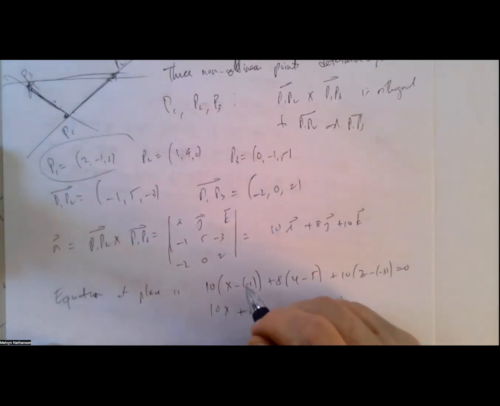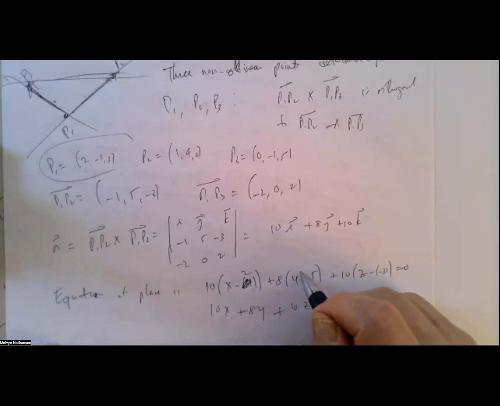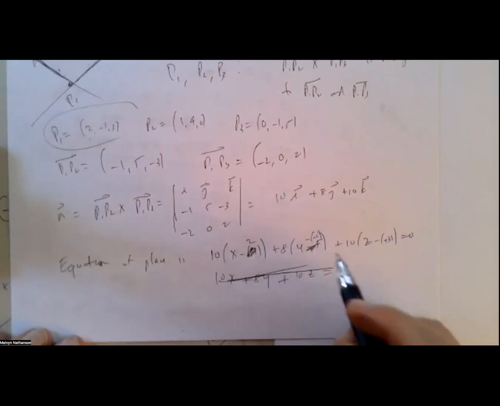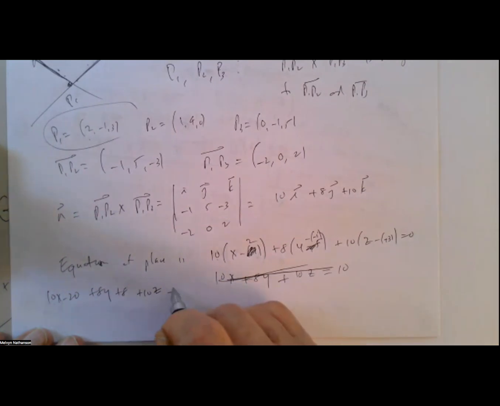Oh, sorry. My point is 2, -1, 3. So this is x minus 2, y minus minus 1, and z minus 3. Let me do the arithmetic correctly. 10x minus 20 plus 8y plus 8 plus 10z minus 30 equals 0.